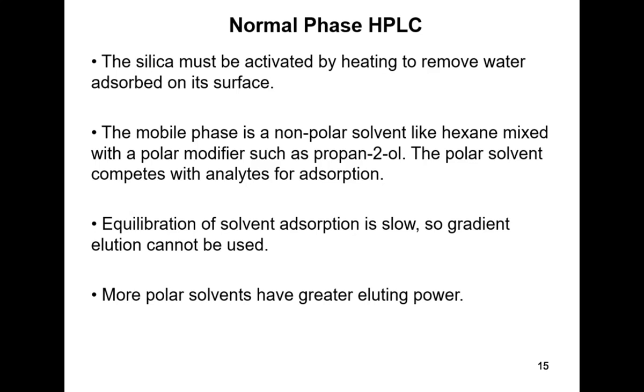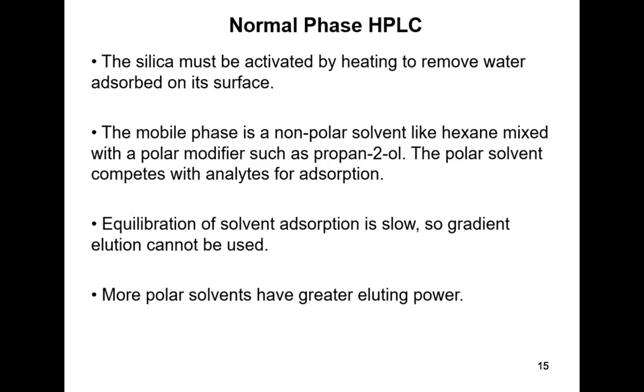I'm not sure if this occurs before or after we pack it into the column. This occurs during the manufacturing process, and then you would need to fill up the column with a non-polar solvent to prevent water getting in and sticking to the surface again.